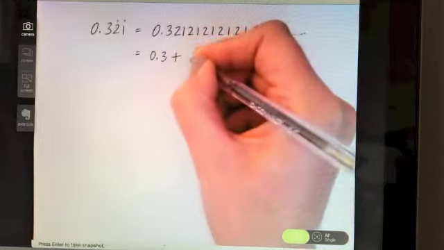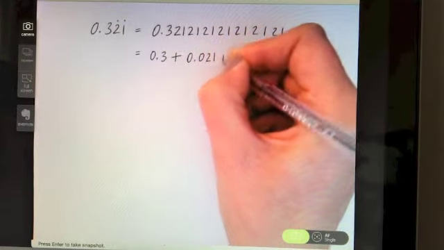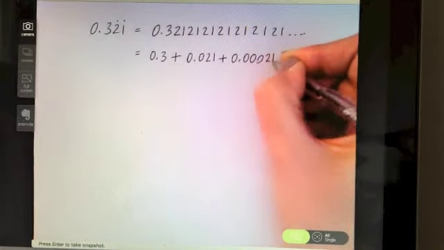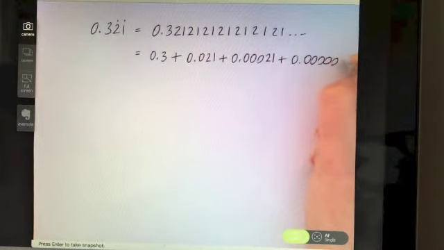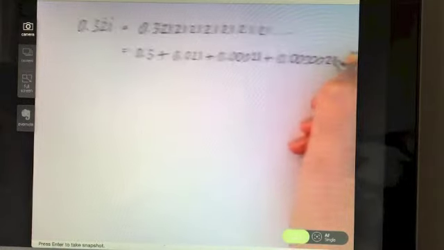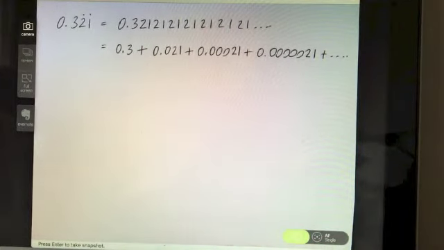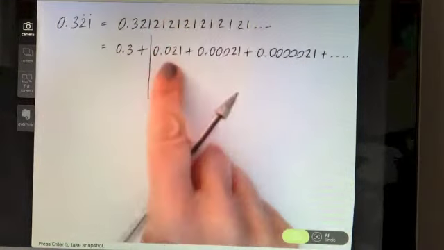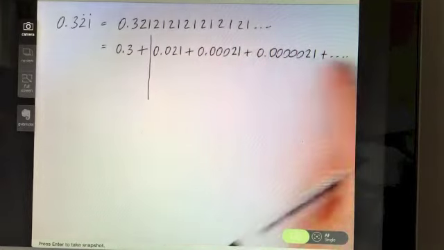So plus, then you'd have 0.021 plus 0.00021 plus 0.0000021 plus, and so on. Again, leave the 0.3 separate because the only series we're coming up with here is from 0.021 onwards.